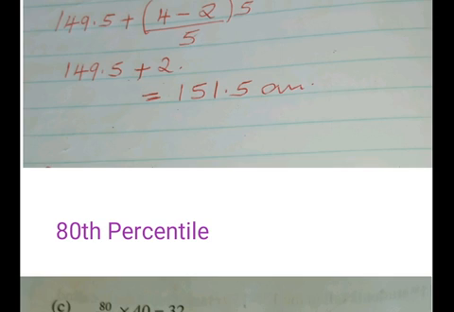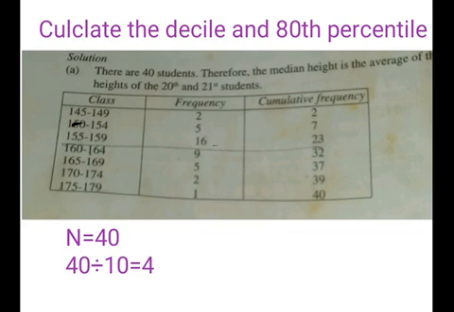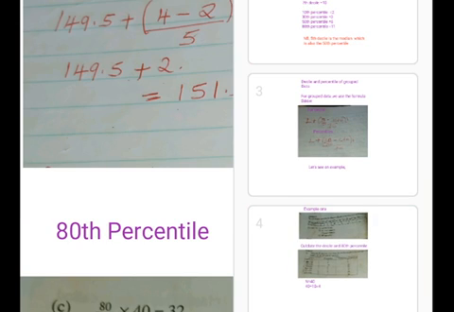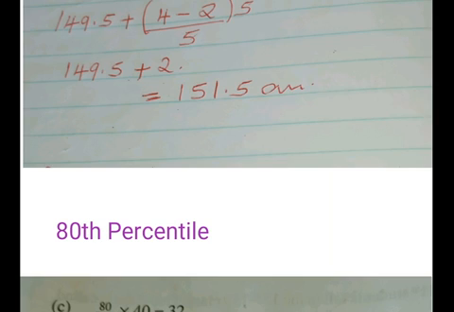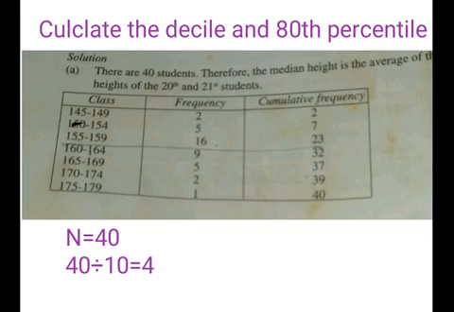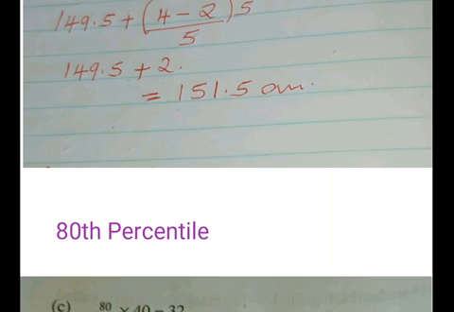So 159.5 plus 32, the 80 over 100 of n, minus 23, that is the cumulative frequency above that class. This 23 here, then minus, over 9, that is the frequency within, this 9 here, then multiplied by 5.